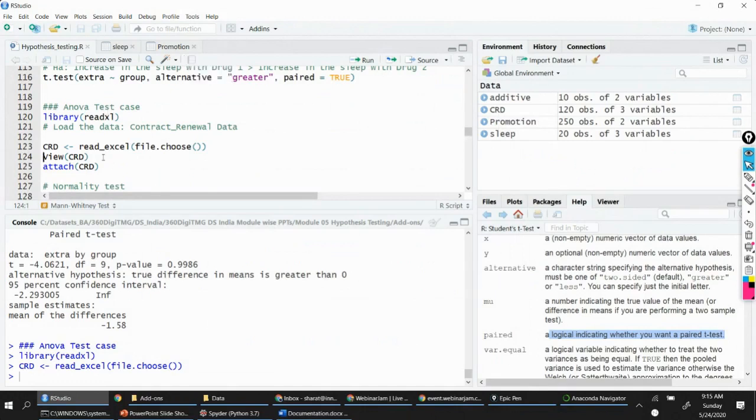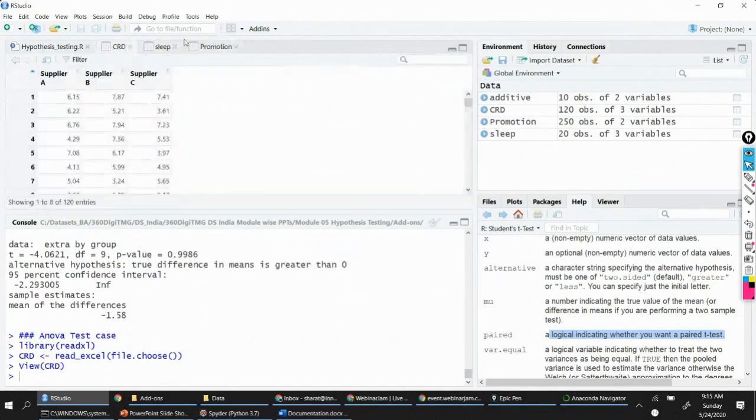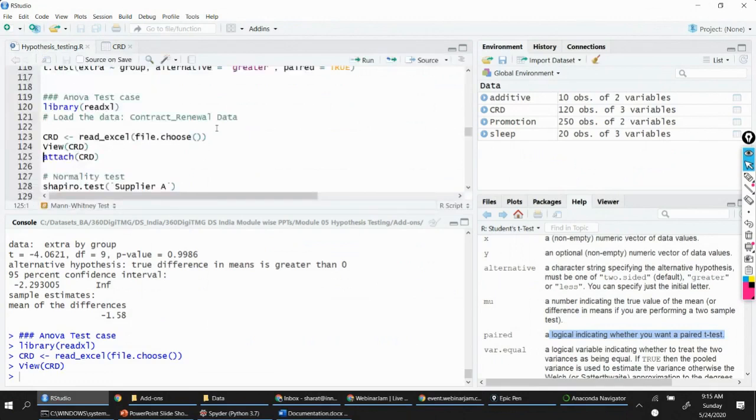I'm viewing my data. So I have 3 suppliers: supplier A, supplier B, supplier C, and their transaction times. So we need to basically take the average transaction times and compare them, right?